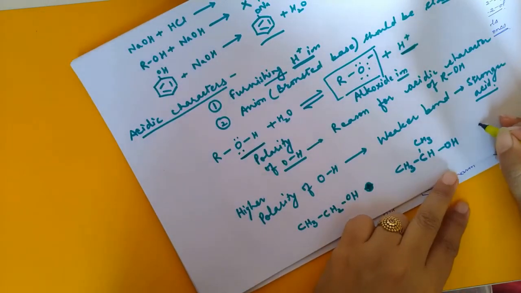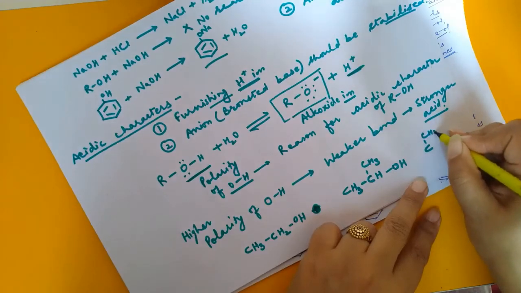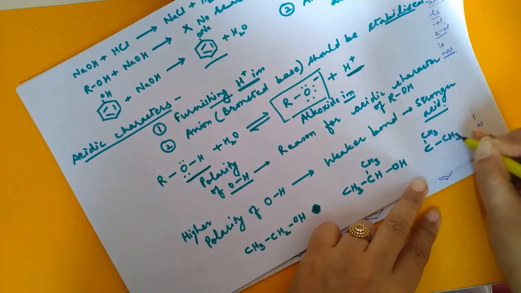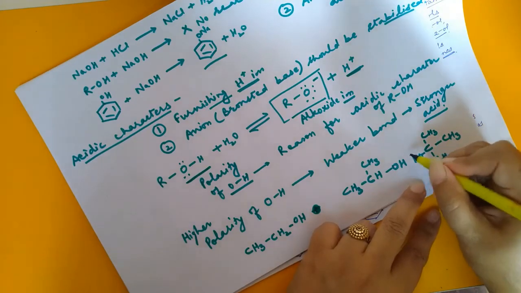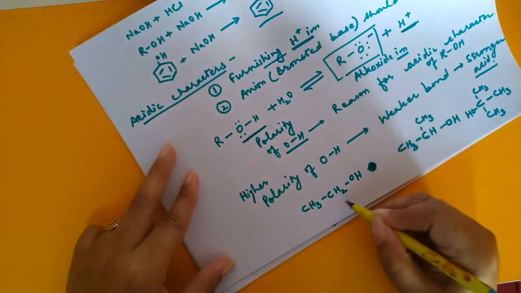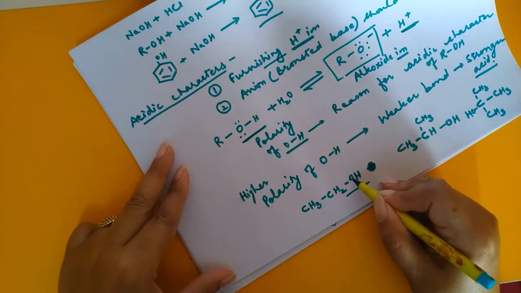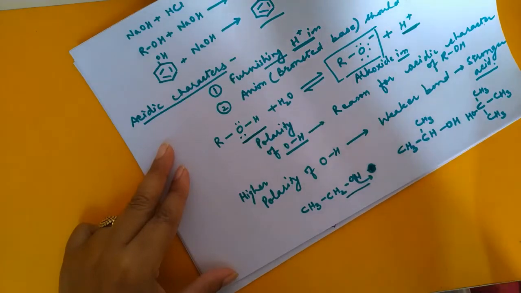Now let's take a tertiary alcohol, (CH3)3COH. In the primary alcohol, the oxygen-hydrogen bond is polar, so this hydrogen ion will be released easily.